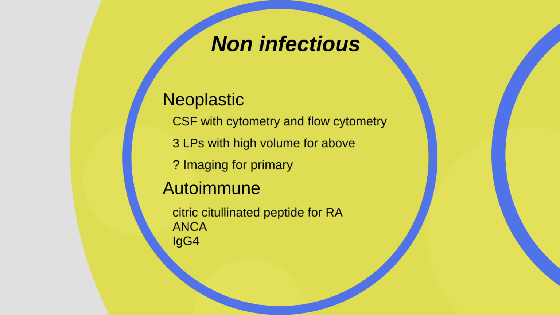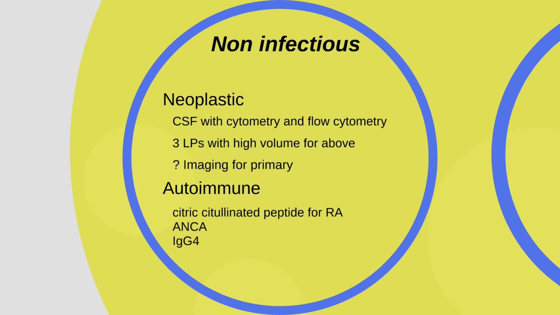The rule of thumb is that you may require up to 3 LPs, each with a high volume, and assessing the CSF with cytometry and flow cytometry, looking for those types of cells. And if those are negative and you have a high suspicion for a neoplasm, we look for a primary source with imaging, either a PET scan or CT scan of the chest, abdomen, and pelvis.